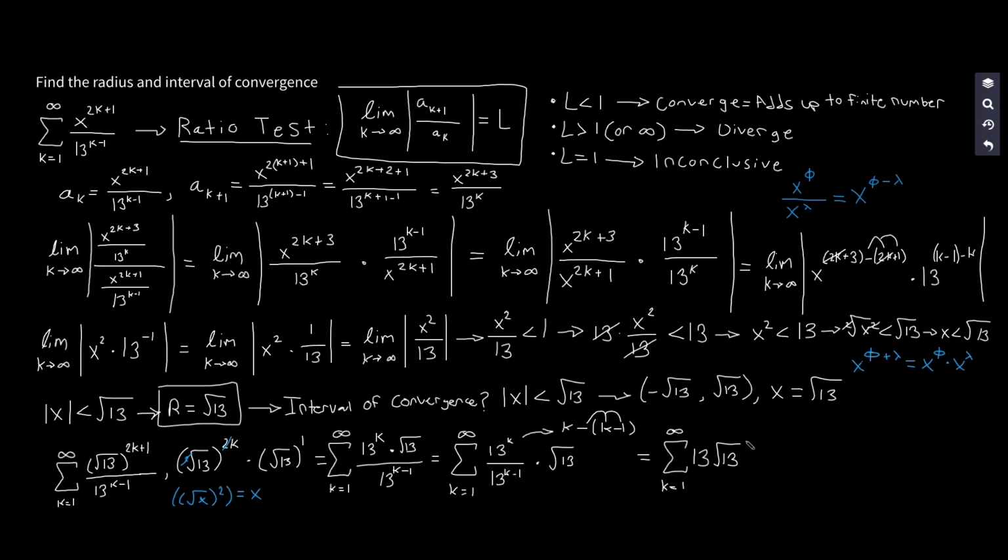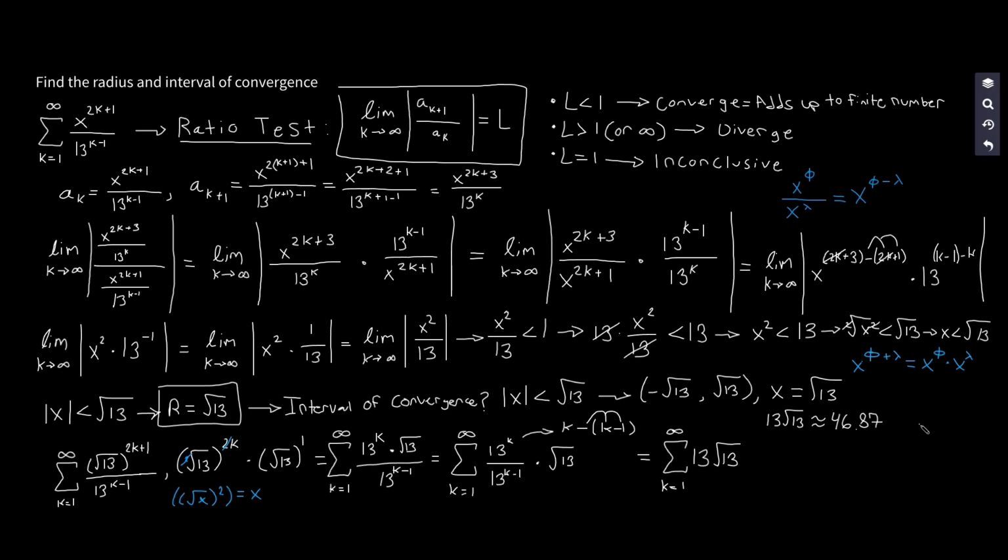Now, let's see here. 13 times root 13 is going to roughly equal 46.87, I think. And the sigma notation is literally telling us to do 46.87 plus 46.87 plus 46.87 plus 46.87 infinitely many times.